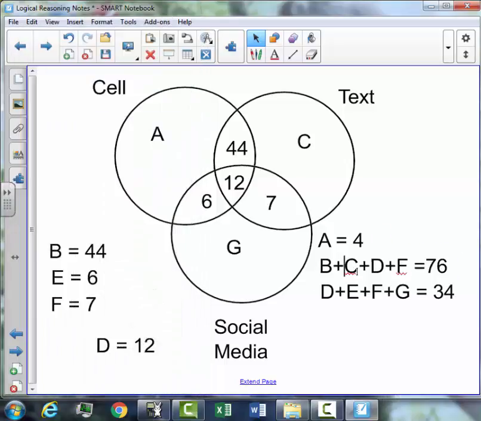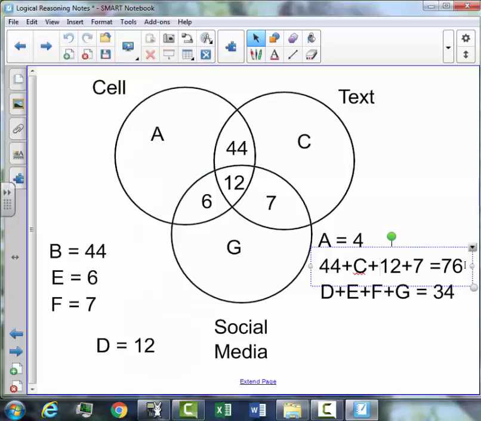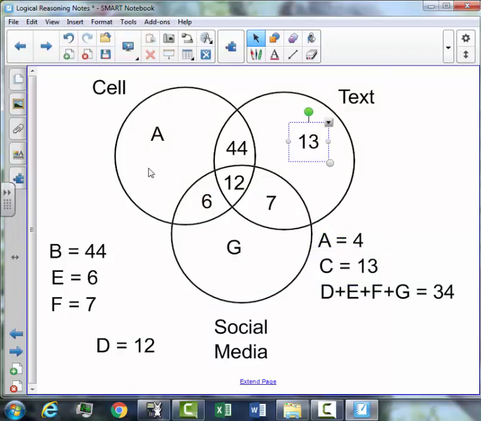So let's see, what else can we do here? So C, we don't know, but B we know is 44. D, it says down there, is 12. F, it says, is 7. So to get C by itself, take 76 minus 7 minus 12 minus 44. And apparently C is 13. Didn't do that for A yet.